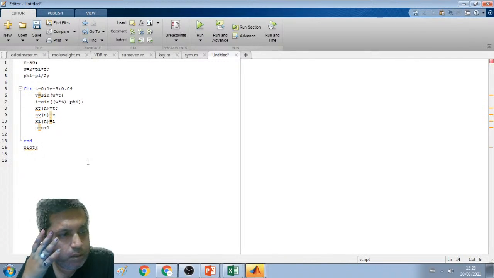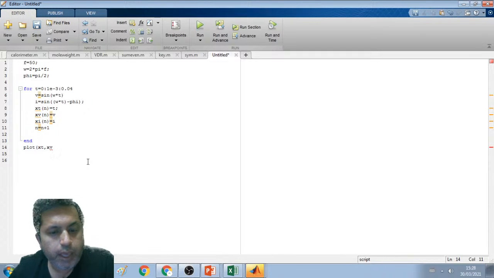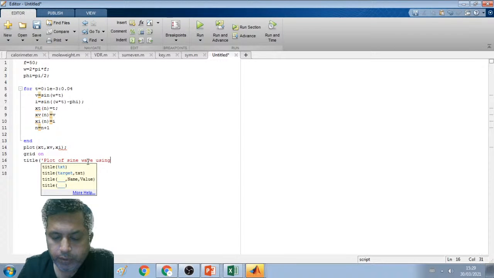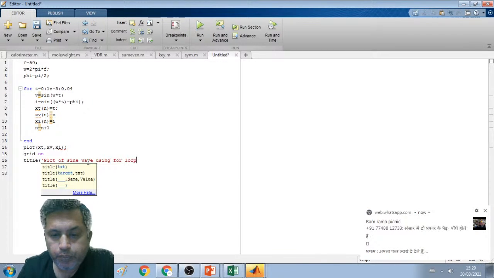Then plot in bracket xt comma xv. Okay, xt comma xv comma xi in bracket, this is plot. Close, grid on. Title: plot of sine wave using for loop.